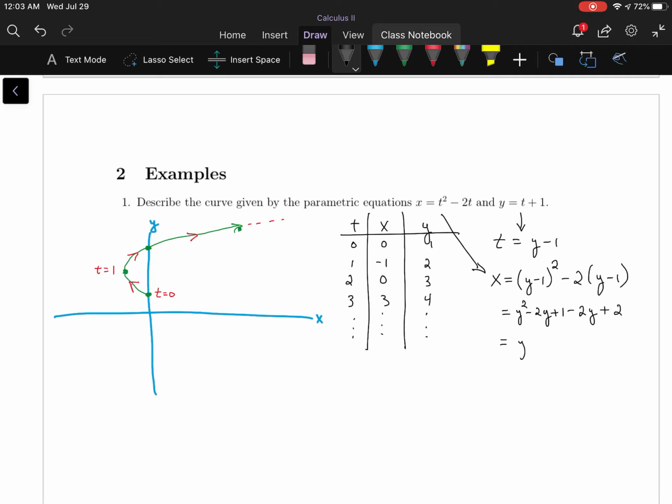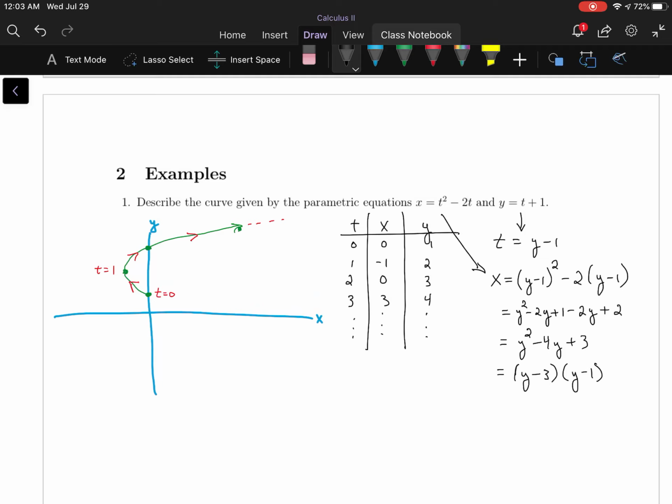And continuing to simplify, I've got y squared. I have a minus 2y, so minus 4y plus 3. And I notice that this happens to factor into (y minus 3) times (y minus 1).